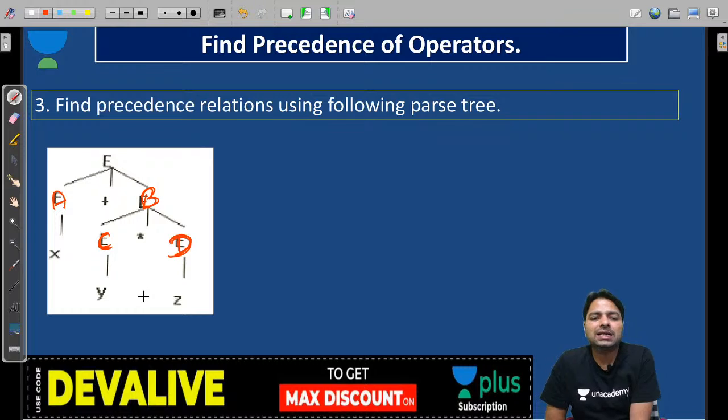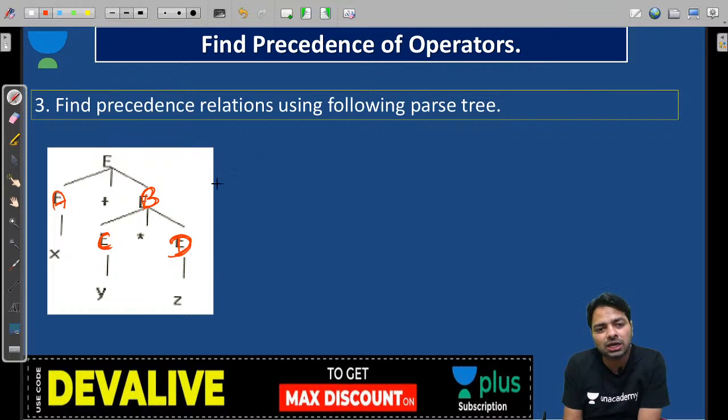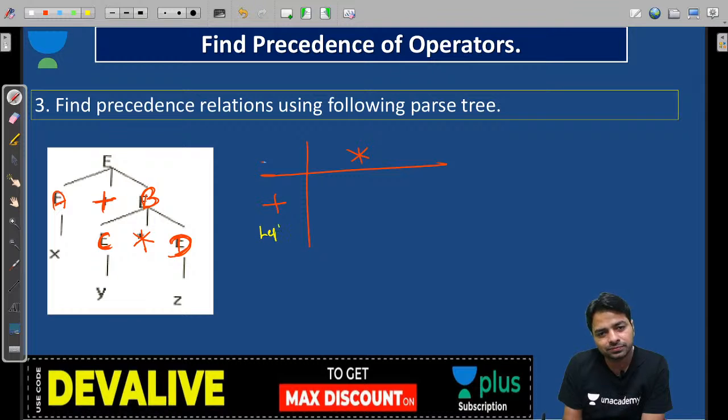And now what is the relation between plus and star? Because this is the plus and this is the star. Assume that. What is the relationship between plus and star? Plus as the left, meaning the row, and the right operator as the column.